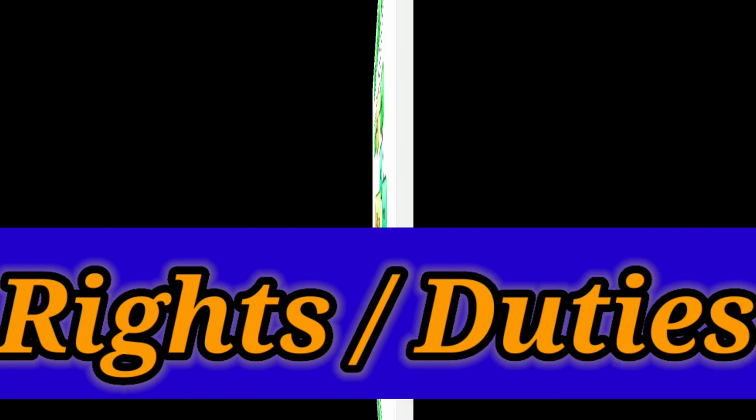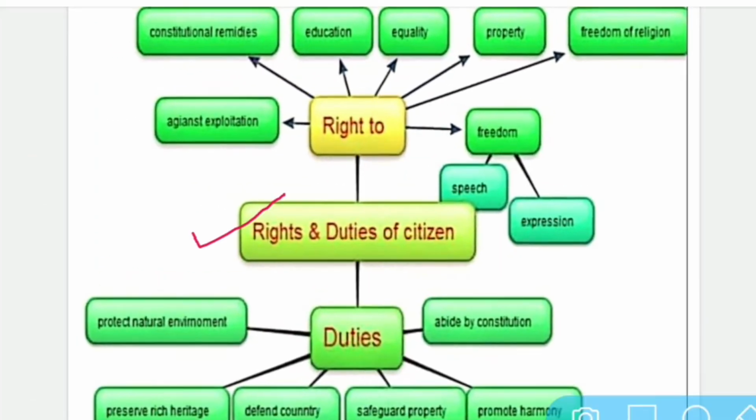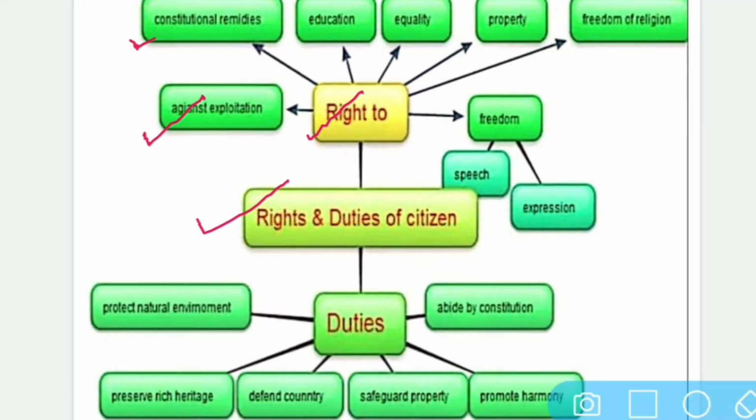Through this diagram, you will see the relationship between rights and duties of citizens. Rights: right against exploitation, constitutional remedies, education, equality, property, freedom of religion, freedom of speech and expression.